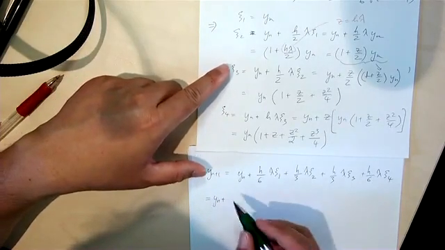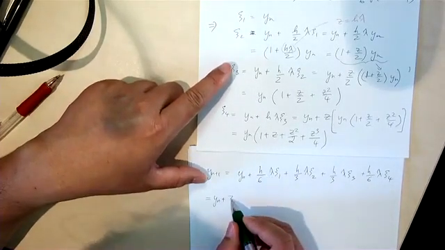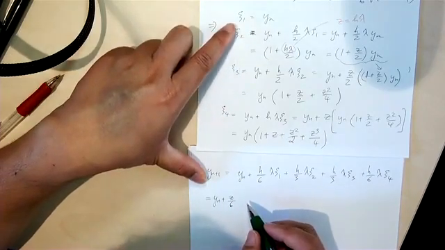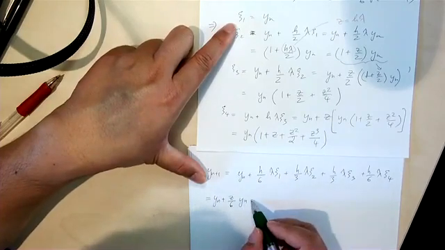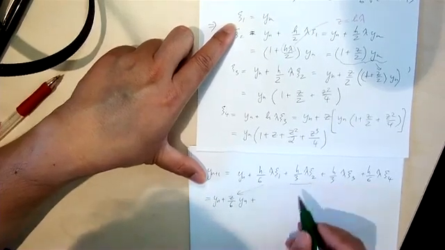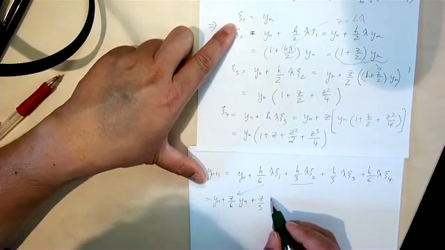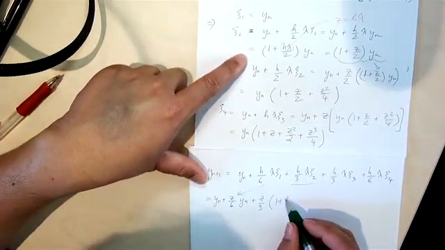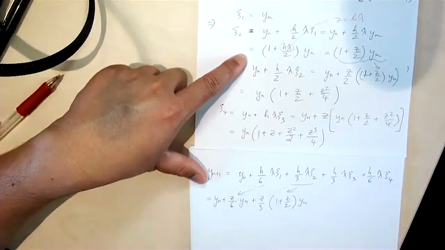So yn plus, because h lambda is z, I have z over 6 xi 1, and xi 1 is just yn. Then for this one, I have z over 3. Remember, h lambda is z, so h over 3 xi 2. Where's my xi 2? Xi 2 is here: 1 plus z over 2 yn. So this is my xi 2.